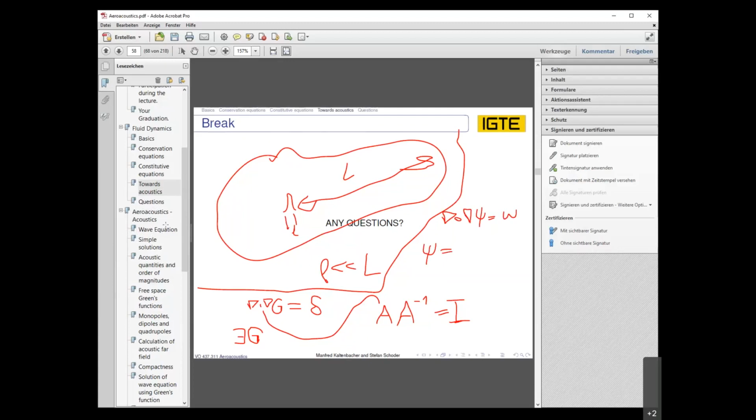It sounds a little bit complicated, but you just integrate over the Green's function and the sources. I think you know it from the wave equation. So you obtain the solution just by integrating it. And that's it.